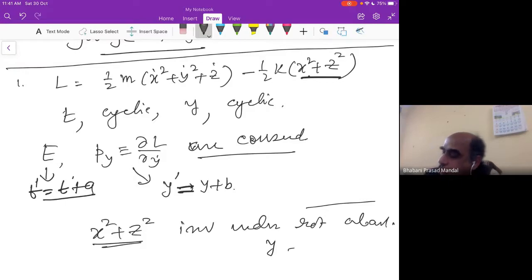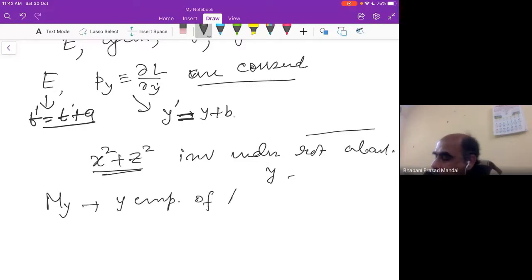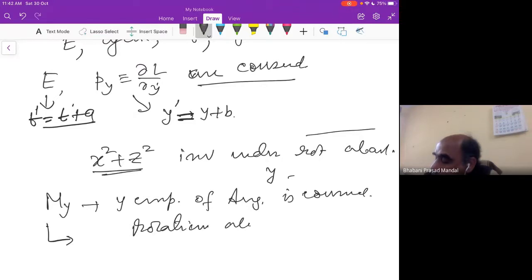You can verify it, though there is no need. So the y component of angular momentum is conserved, and the symmetry is the rotation about the y-axis. Only this information will give you full marks in this question, if you have submitted in time.